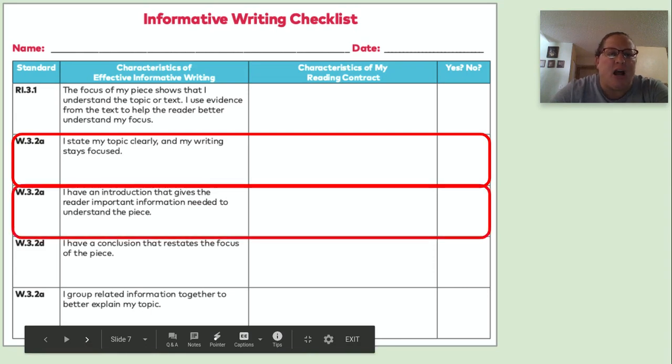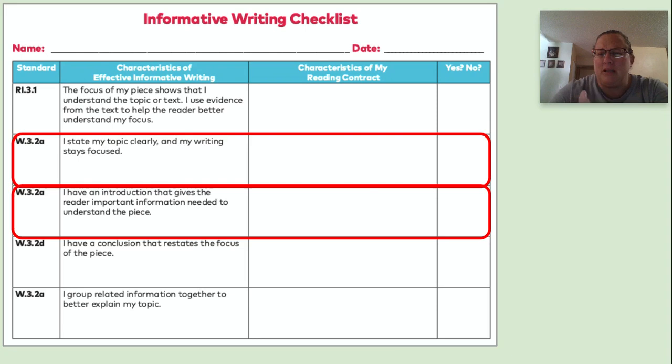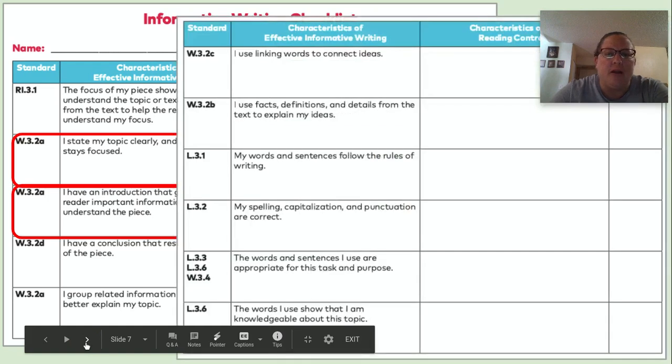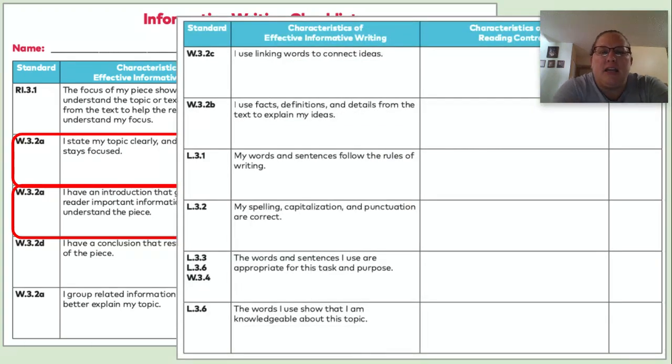Okay, then I have the introduction. So my topic is clear and I have an introduction. Those are two things we're working on. Okay, so if I bring them forward on some other things here, I use linking words to connect ideas. I use facts, definitions, and details from the text to explain my ideas.